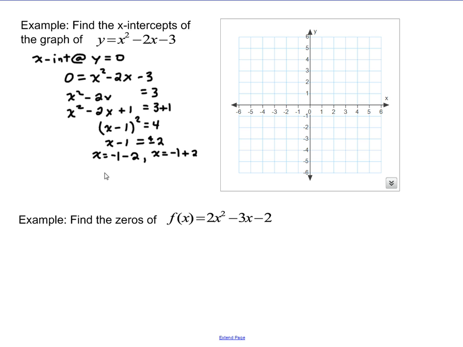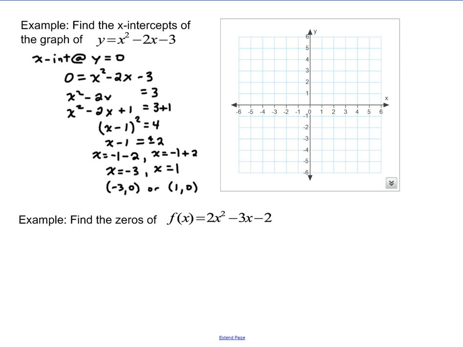So my x and y coordinates are at the point x equals negative 3, or x equals positive 1. That places us at negative 3, 0, right? Remember, we initially set y equal to 0, or 1, 0.